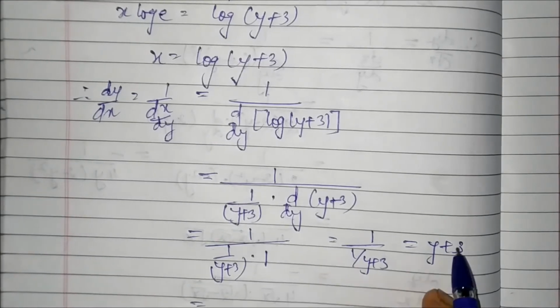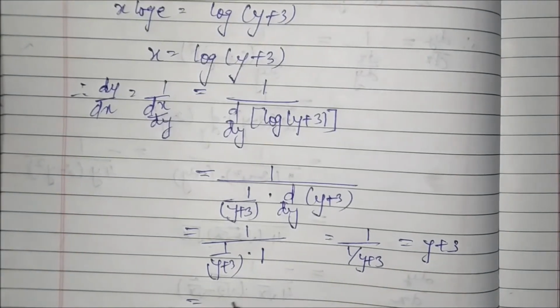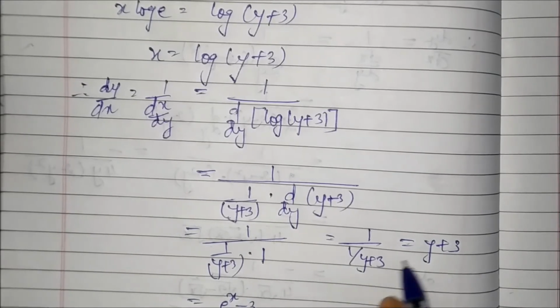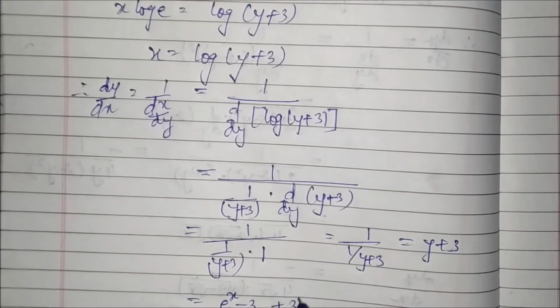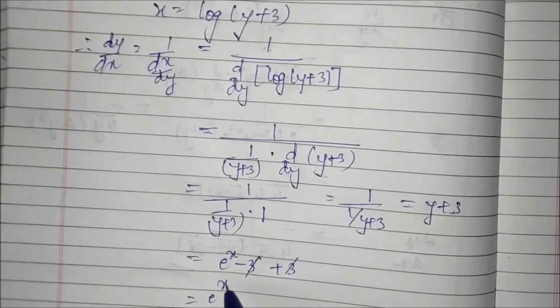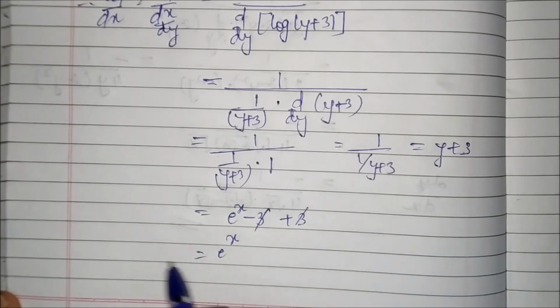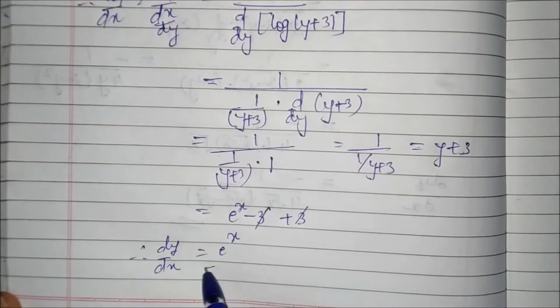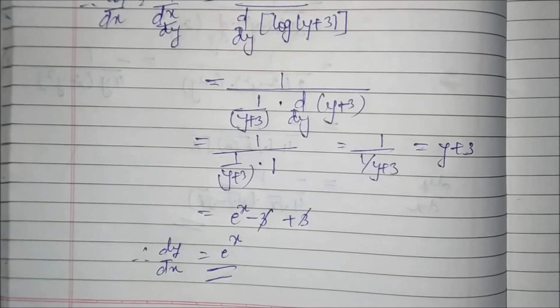So converting this y from the original question, in place of y we write e raised to x minus 3, and this plus 3 will cancel out. We get e raised to x. Okay, so dy by dx equals e raised to x.